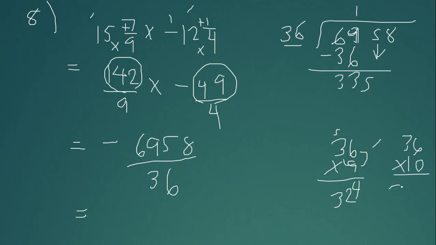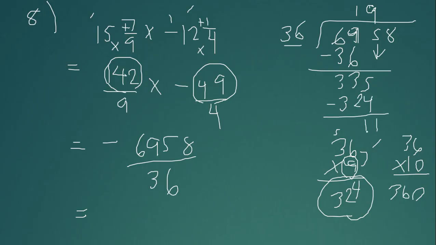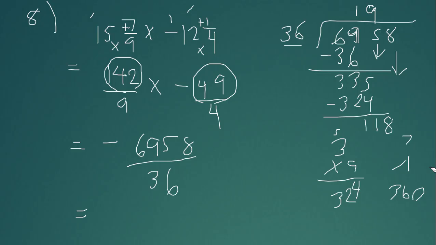Ay 360. So therefore, 324 multiple of 9 is 9. And this is 324. This is 11, bring down 8. This 118.